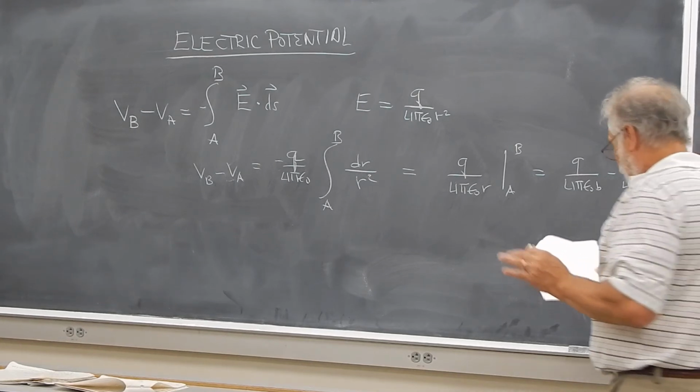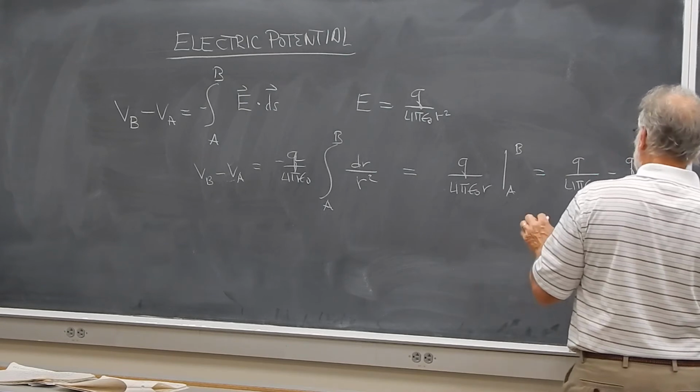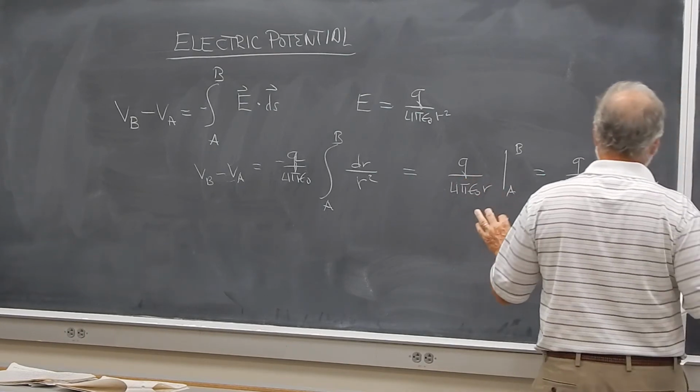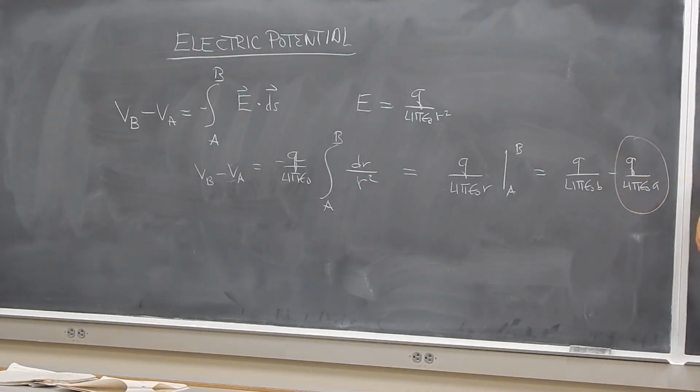Now, I can say at this point, suppose we let A go to infinity. So if A goes to infinity, this term becomes 0. So the potential due to any point charge could be written as Q over 4 pi epsilon naught times r.